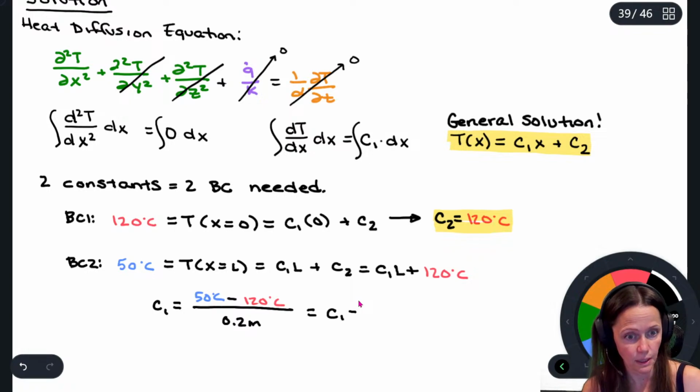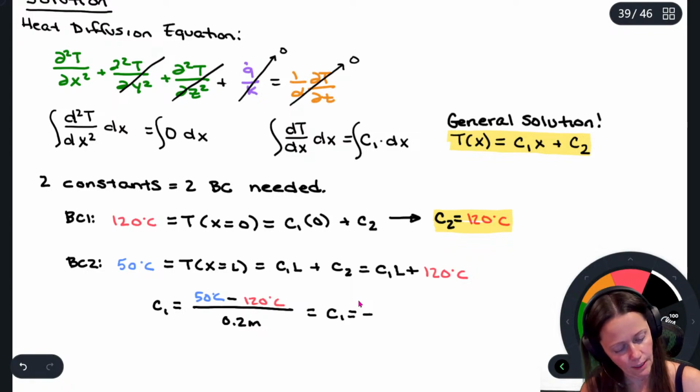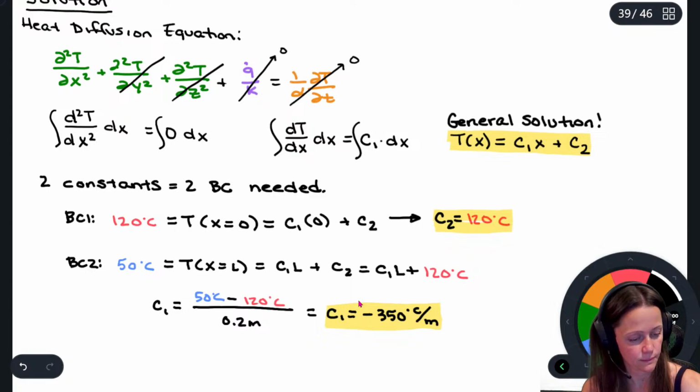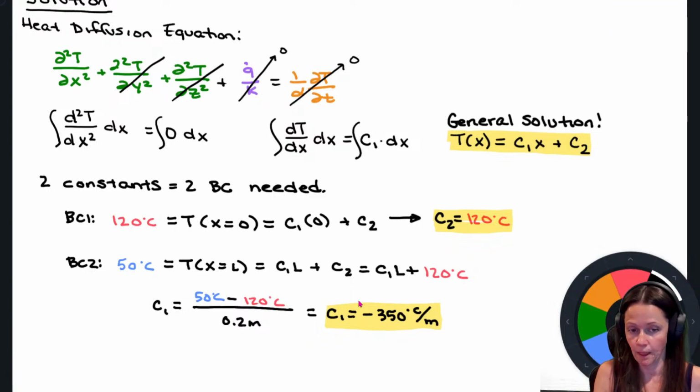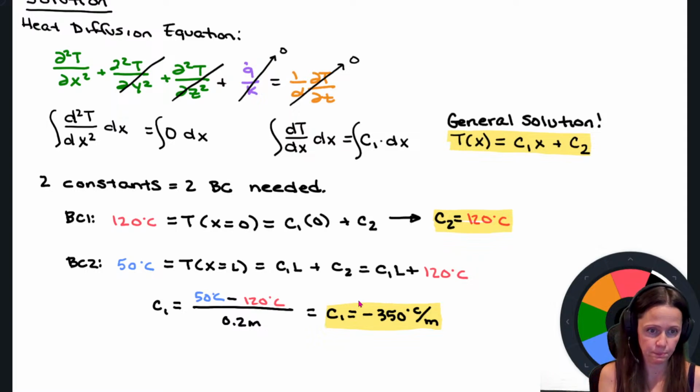So I end up getting a value of negative 350 degrees Celsius per meter. Perfect. All right.